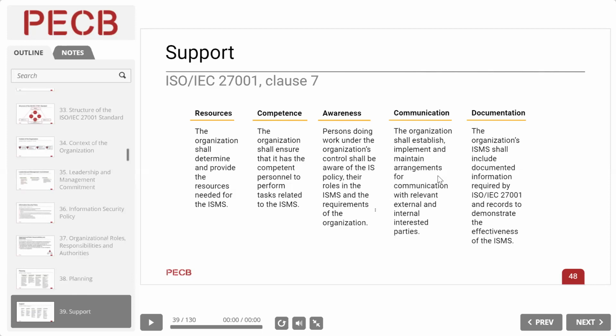Okay. We need competence. We need people who are competent. And that is a whole area in itself, determining competence, how do you manage competence and all that.